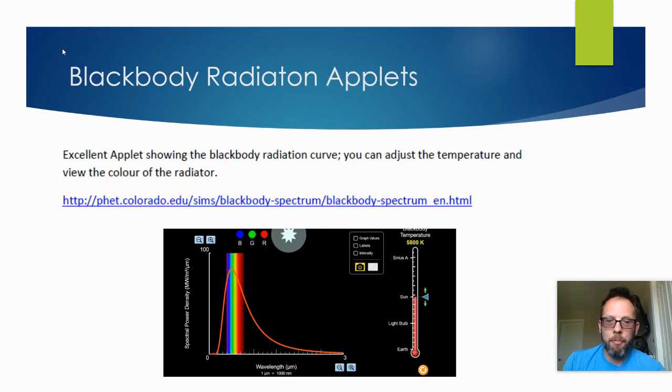So we've shown the applet, and you can see what kind of shape the actual graphs have. They have low intensity for the infrared and longer wavelengths of light, and then it peaks in the visible spectrum, but then it shoots back down again, right? So keep that shape in mind.